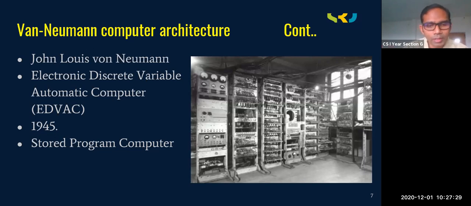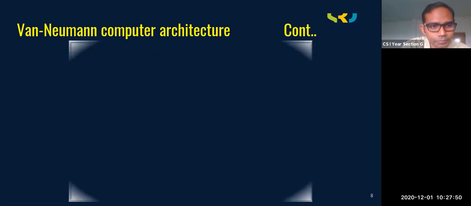Once you switch off the calculator and press AC again, the complete data is lost. So such computers are not called stored program computers. John Louis von Neumann introduced the first computer with an architecture, called EDVAC, in 1945. It is also called a stored program computer.